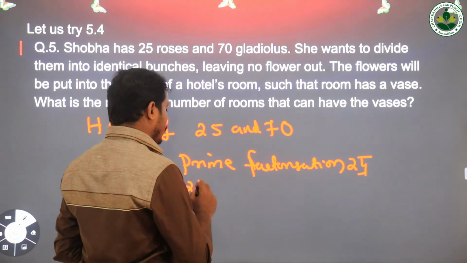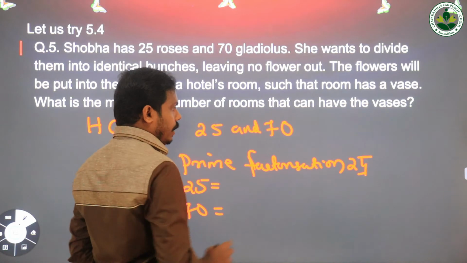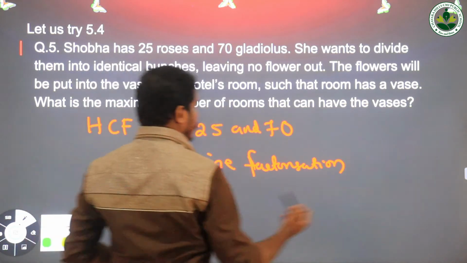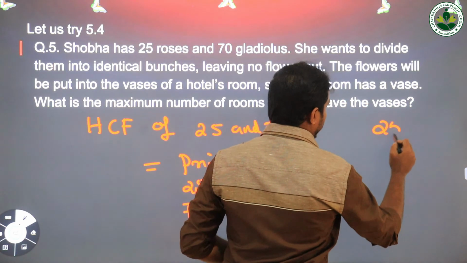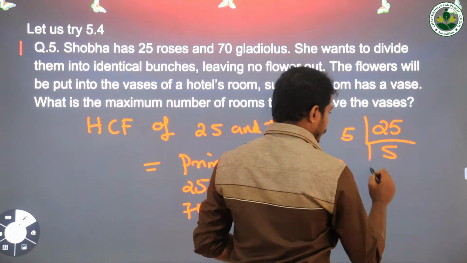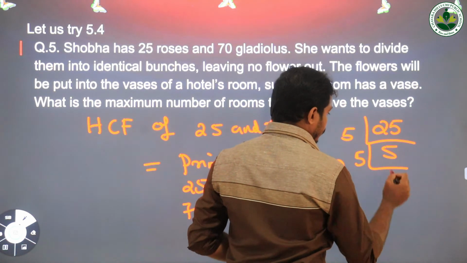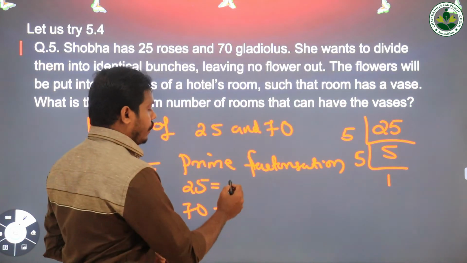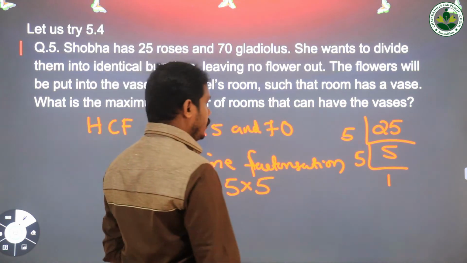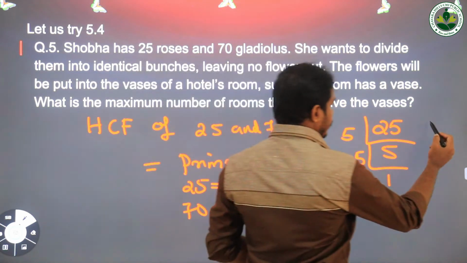First we find the prime factorization of 25, then 70. For 25, 5 into 5 is 25. So the prime factorization of 25 is 5 into 5.